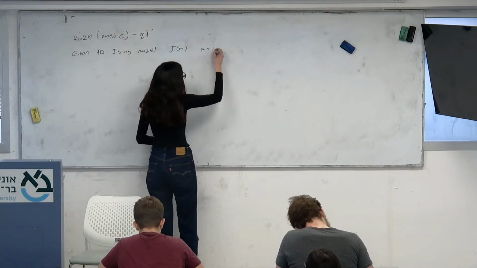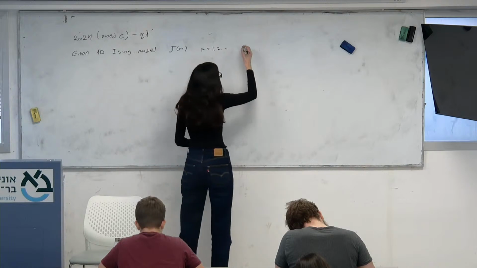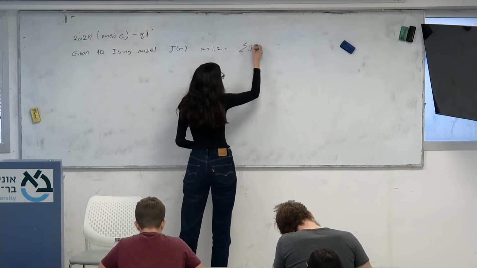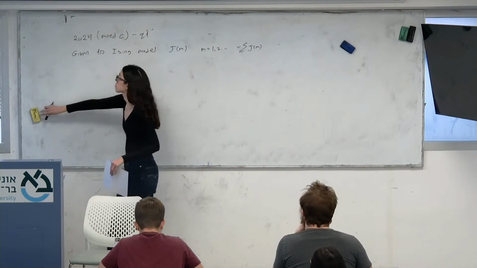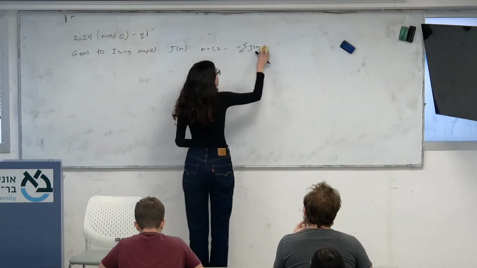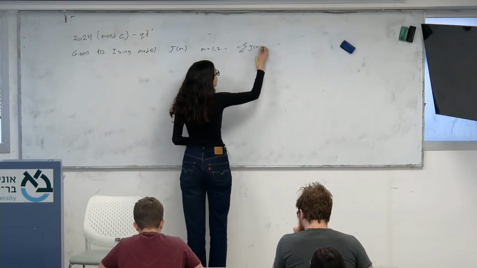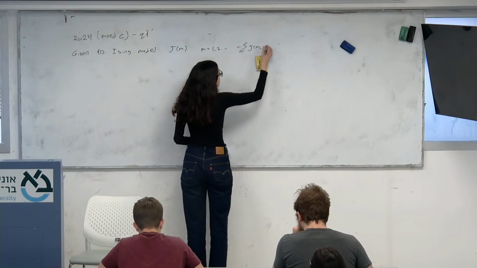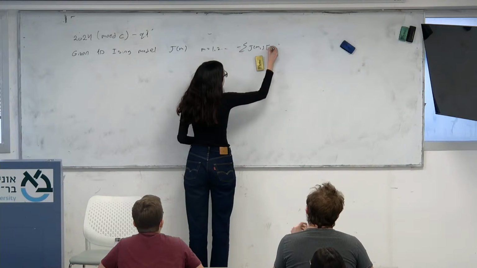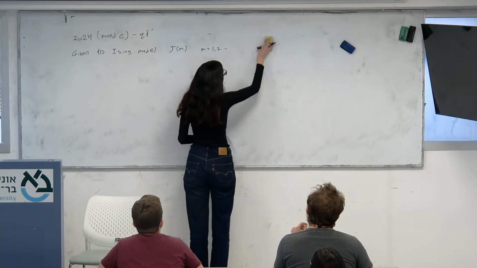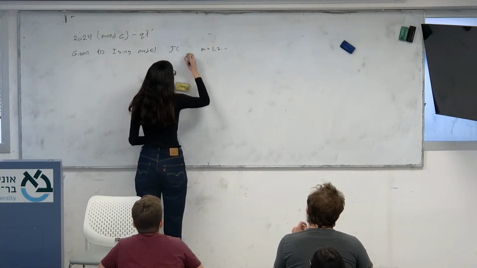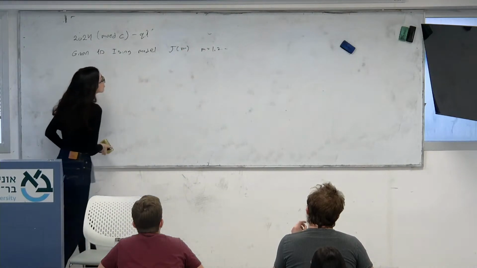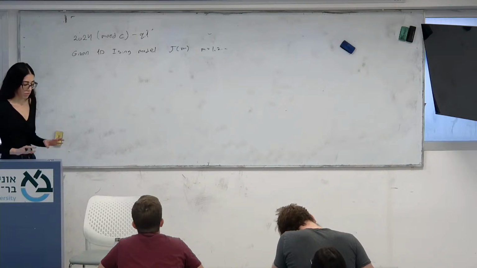So m is like 1, 2. So we have actually J of m. Okay, never mind. Let's just stick to the way the equation is written.